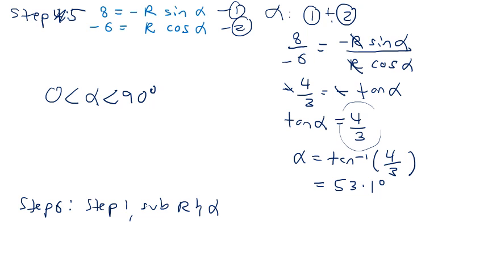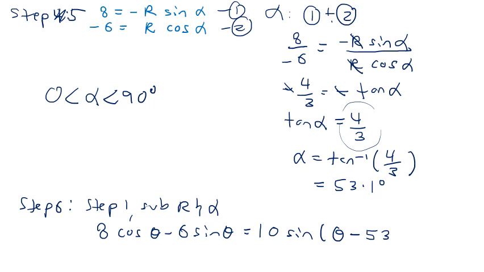So the original equation, so 8 cos theta minus 6 sin theta equals to r. R is 10 sine. So theta minus alpha. So alpha is positive 53.1 degree. So that's the answer for the second part of the question.